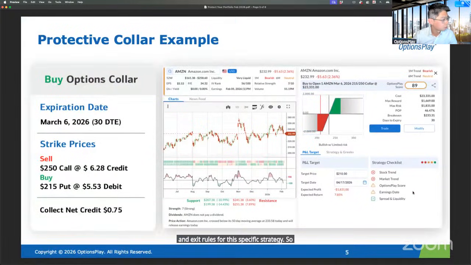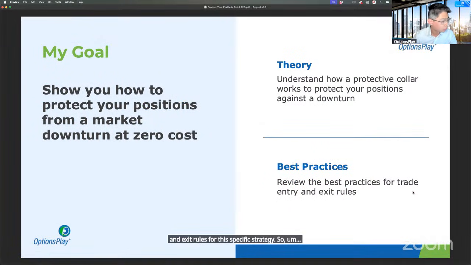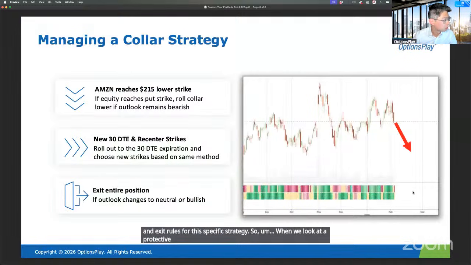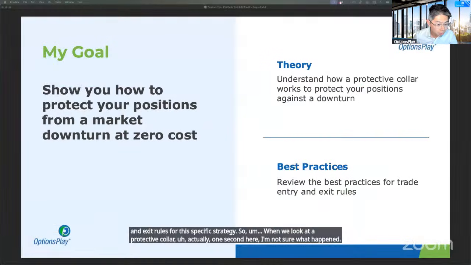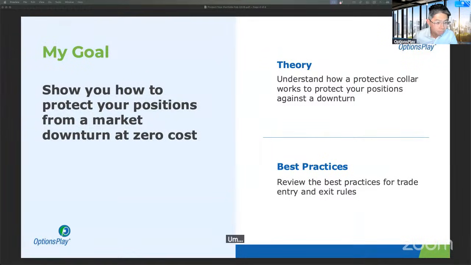So, when we look at a protective collar, actually, one second here, I'm not sure what happened. Give me one second.